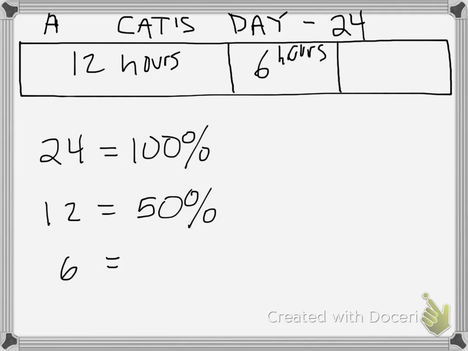So 1/4 of 100 would be 25%. So I could say that in this case, 6 hours would be equal to 25% of the cat's day. So again, 24, that was the whole thing. 12, that's half the day, so that would be 50%. And 6, that's 1/4 of the day, so that would be 25%.